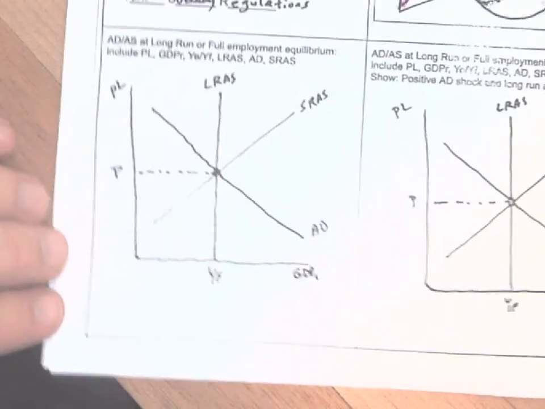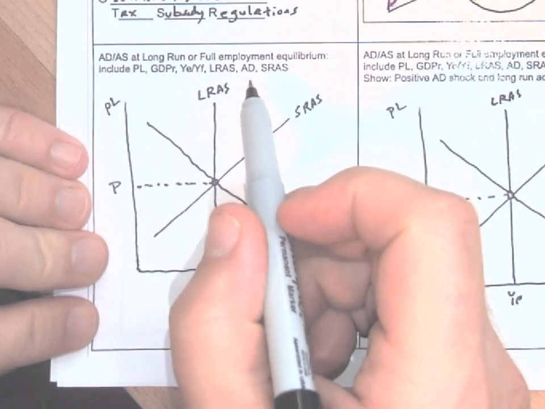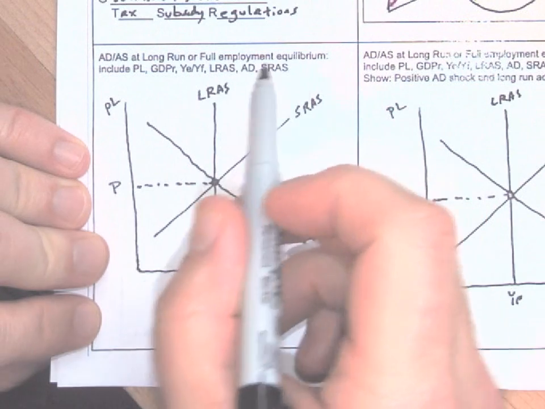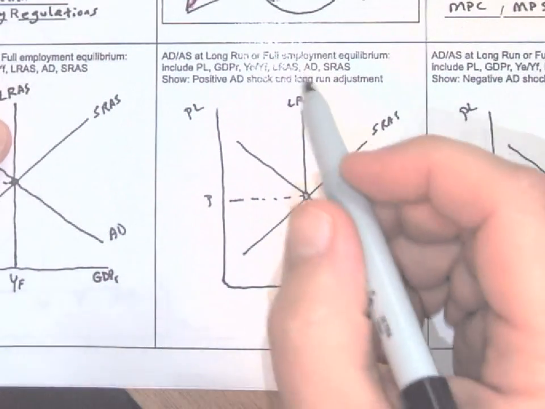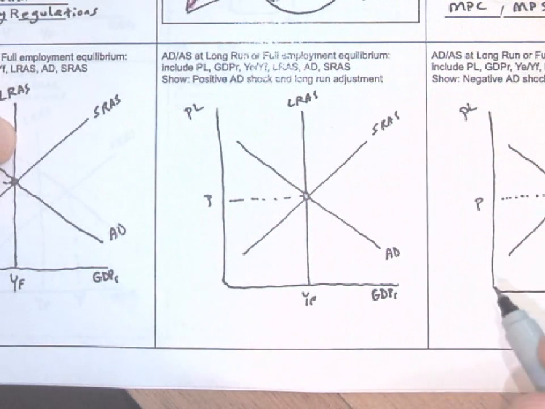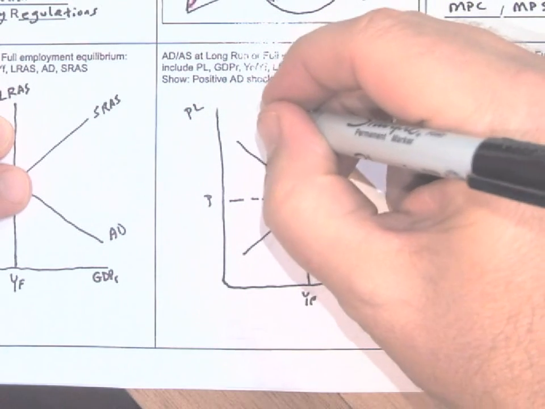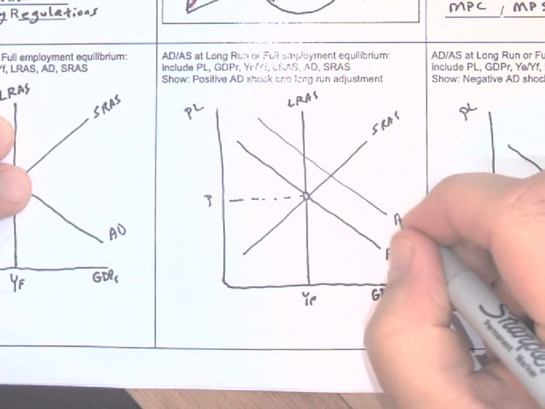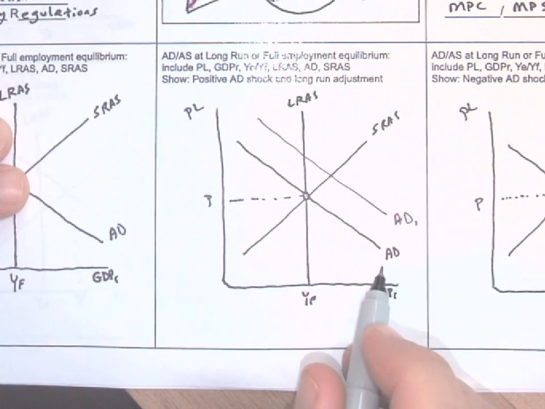Taking all those things as kind of a review, I want you to draw aggregate supply and demand at full employment equilibrium, then have all your labels. And then for this one, we're going to have a positive aggregate demand shock and the long-run adjustment. Our positive aggregate demand shock is going to shift this to the right and become aggregate demand 1.